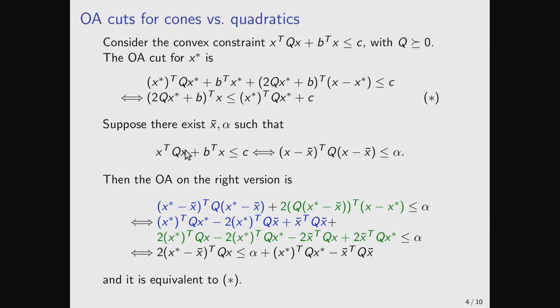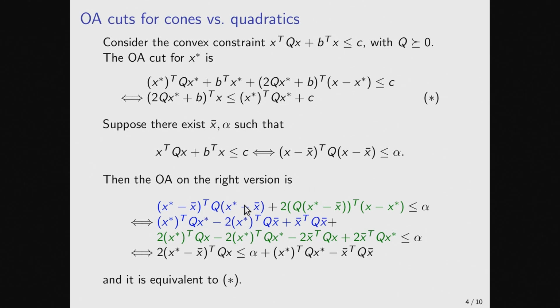You can rewrite it in such a way that you no longer have the square terms separate from the linear term and separate from the constant term, but rather you rewrite this as x minus x bar transpose Q times x minus x bar. And you can do this if you know where this quadratic function has its minimum, and its minimum is going to be in x bar. And you can, in general, rewrite this paraboloid in a way that you know where the minimum sits, and you know that the constraint is going to be this new rewriting less or equal than alpha. We just rewrote the constraint. We didn't do anything to it.